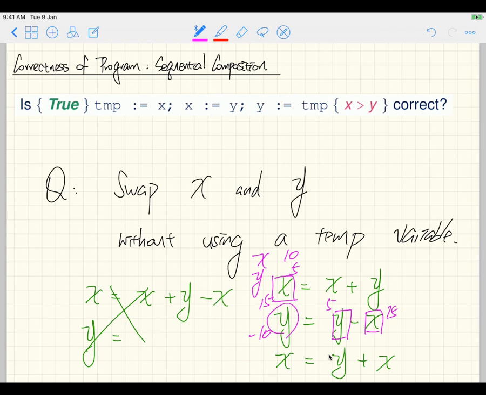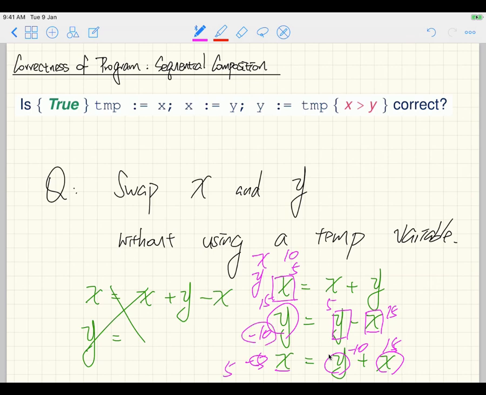And then x would be y, which is minus 10, plus x, which is 15, so you get 5. X is 5, but y is now minus 10.